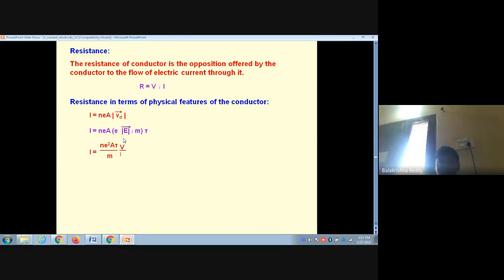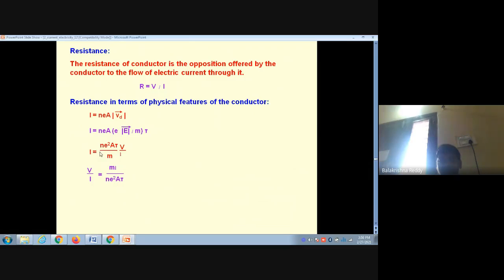Now you can see I equal to N e square A tau as it is, with E into E becoming E square. Capital E we express in terms of electric field and potential difference, E equal to V by L. If you make V by L the subject, it can be written as M into L by N e square A tau.